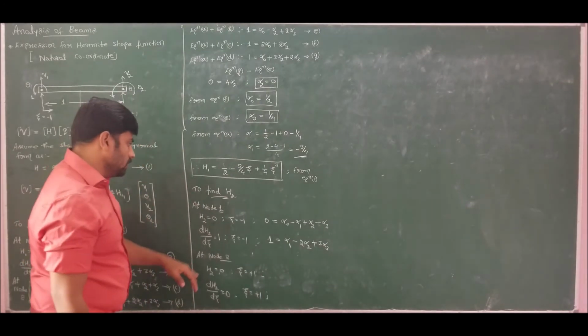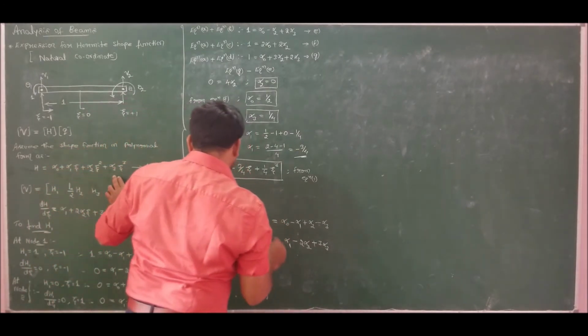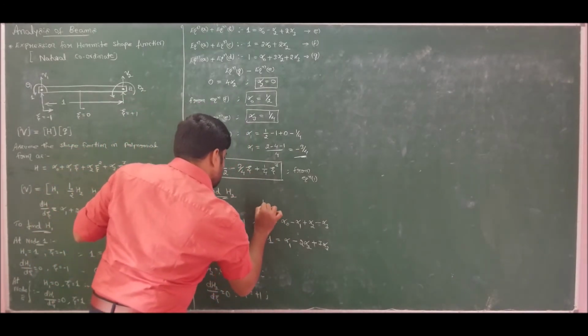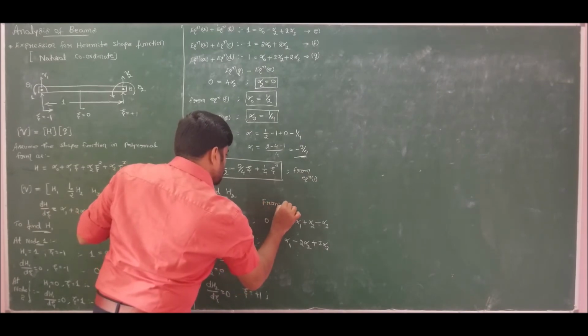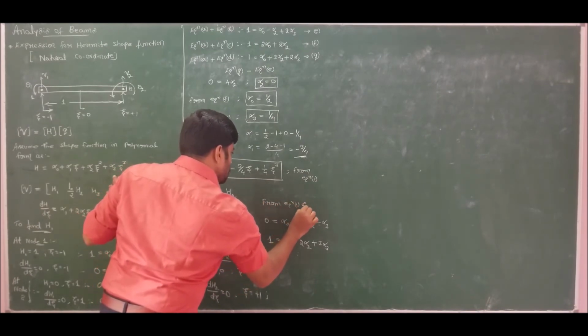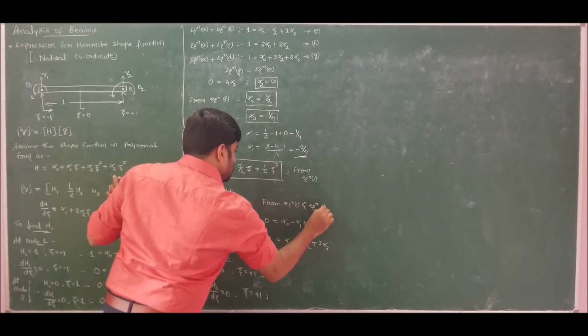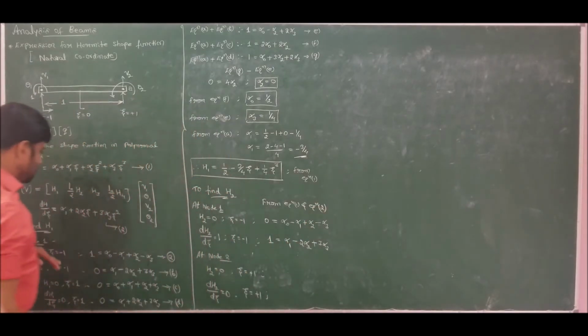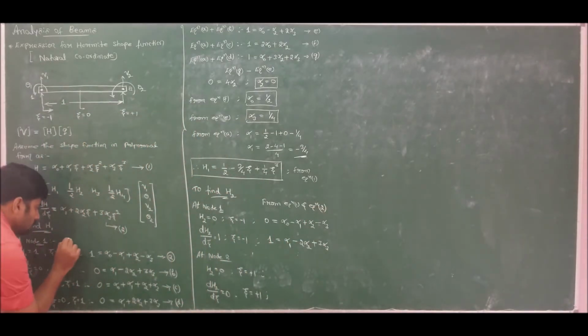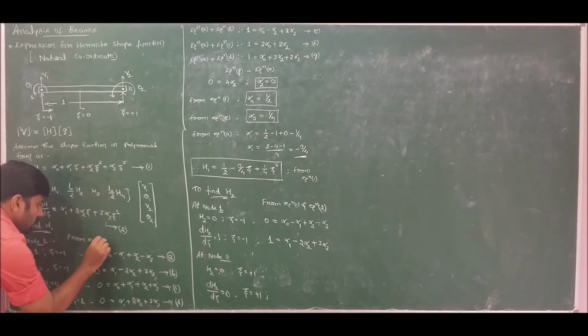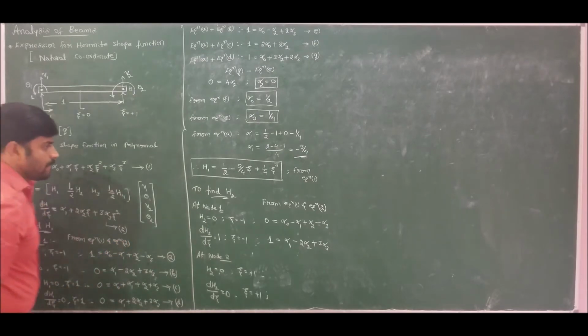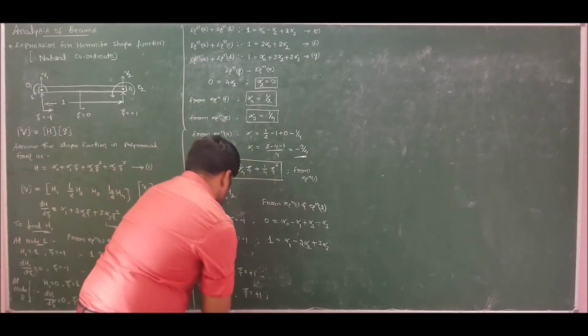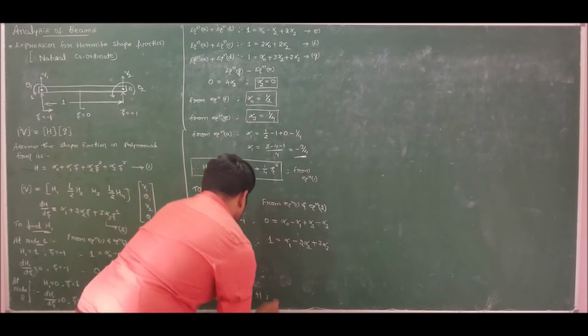Now coming to node 2, from equation 1 and equation 2. So now for H I should go for equation 1 with zeta plus 1.